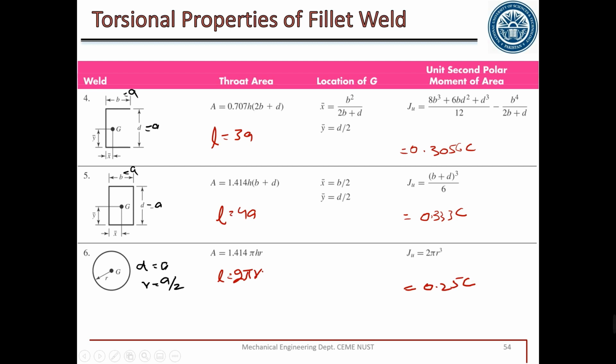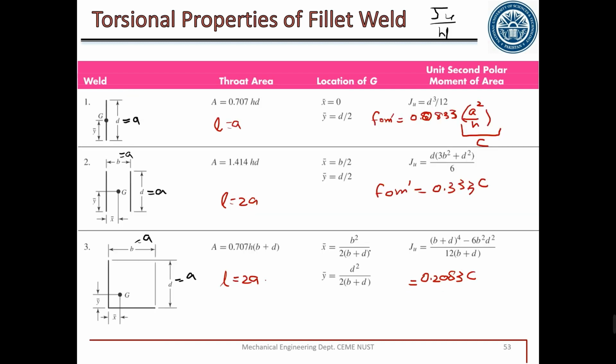Once we have FOM prime values, now we have to rank the values. The one with the highest figure of merit is the best option to select. So which value of FOM prime is highest? 0.333 in this figure is higher, and here also 0.333.